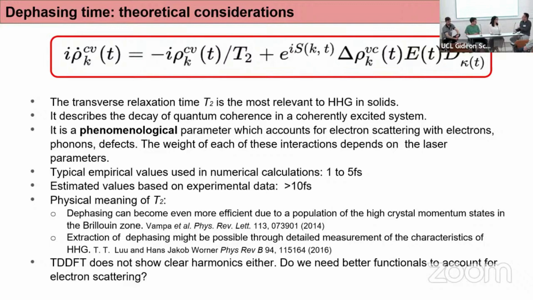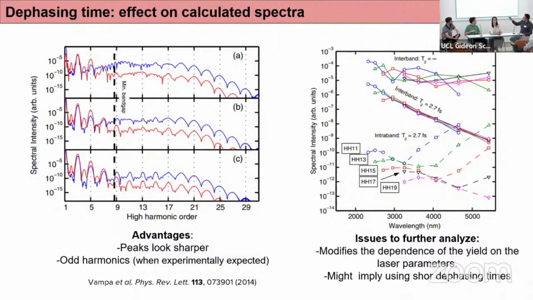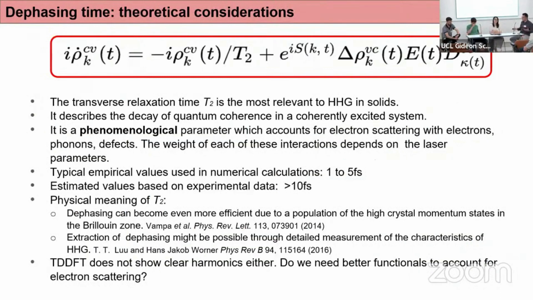But still, one question remains open: if this dephasing time comes from electron scattering, why, even when we use TDDFT, do we not get this clear harmonic spectrum? So this discrepancy between the calculated spectrum, this absence of clearly defined harmonics, is also present in TDDFT.